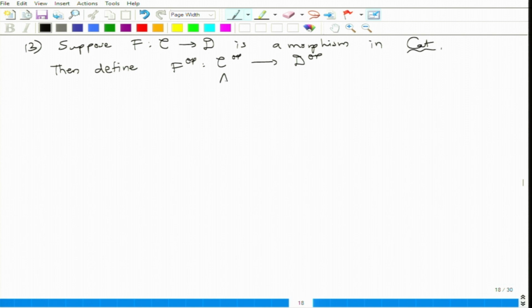What does it do? Well, it takes an object and it maps it to itself. Whatever f does on objects, you repeat that. And suppose there is a morphism over here, where will you send it to?